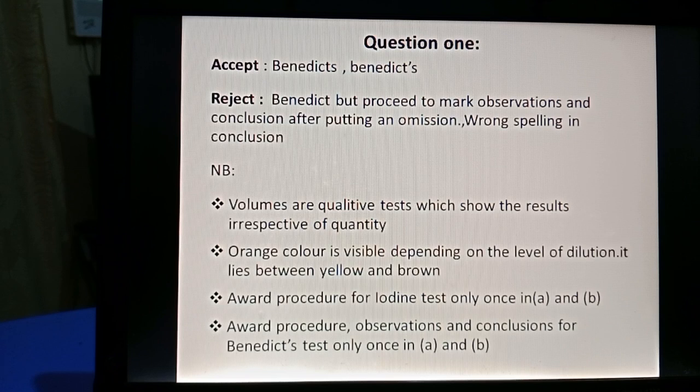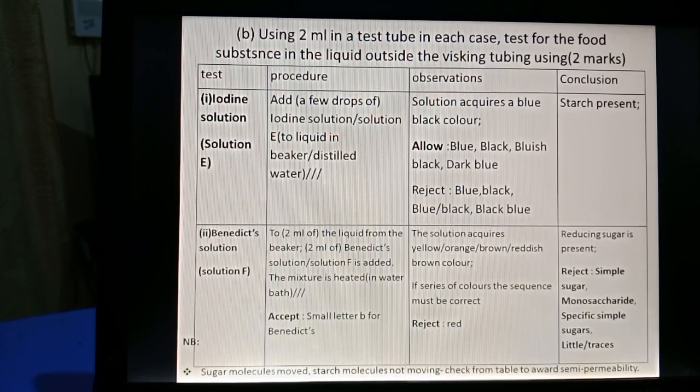I want procedure for iodine test only once in A and B. I want procedure, observations, and conclusions from Benedict's test only once in A and B. Note that. So we are in B, and you can see equivalence.